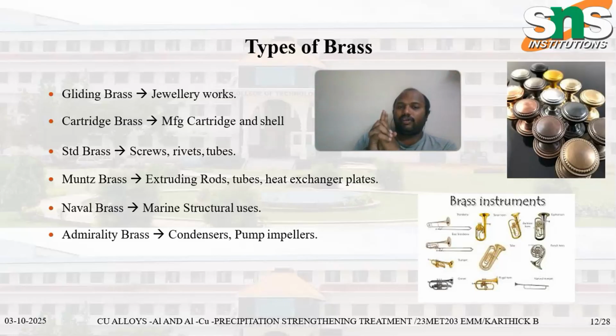But when we use naval brass, the corrosion rate is reduced, because naval brass acts as a barrier to prevent corrosion. Last but not least is admiralty brass, which is used for condensers and pump impellers. If we dismantle the pumps or impellers, you can see copper tubes inside, which is known as admiralty brass.